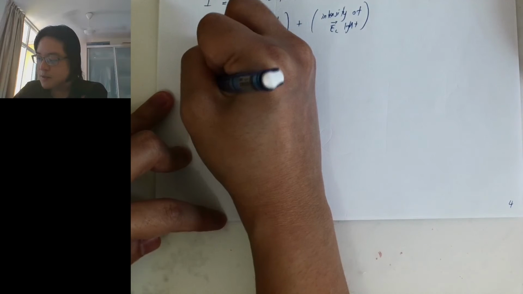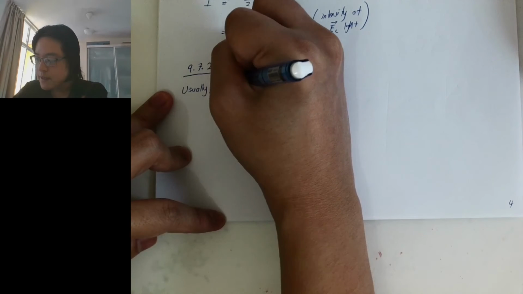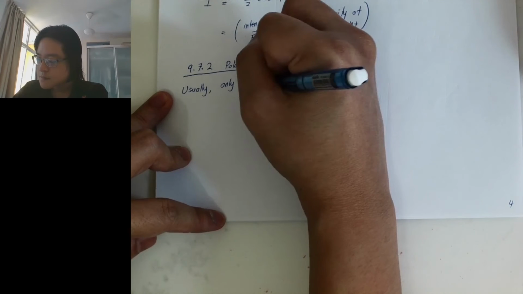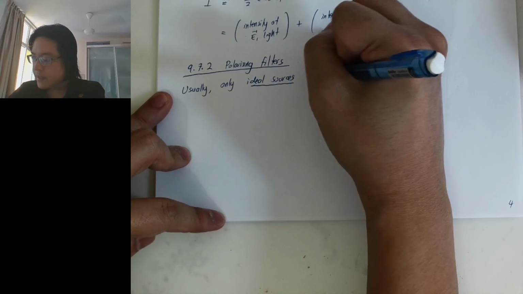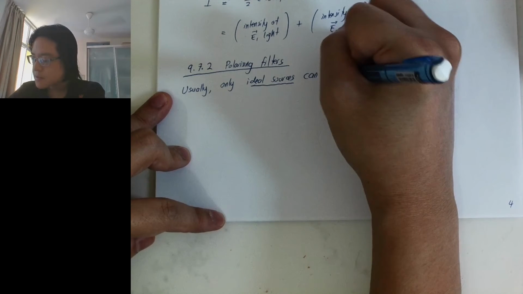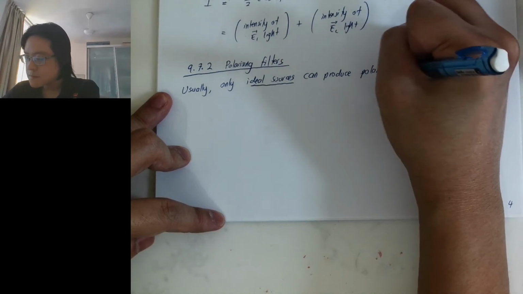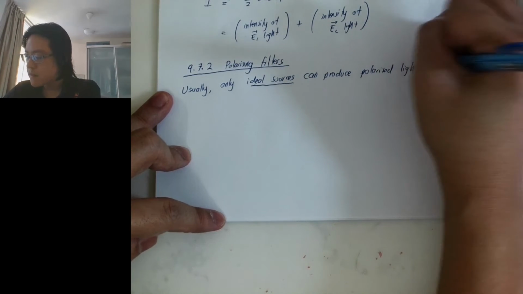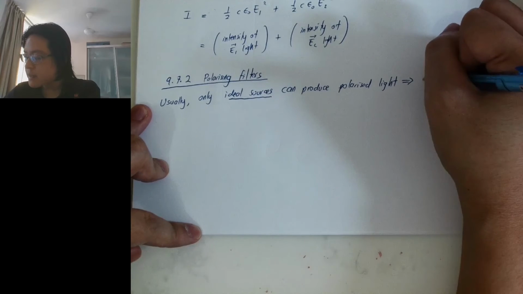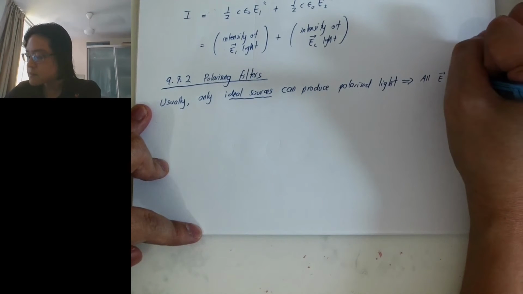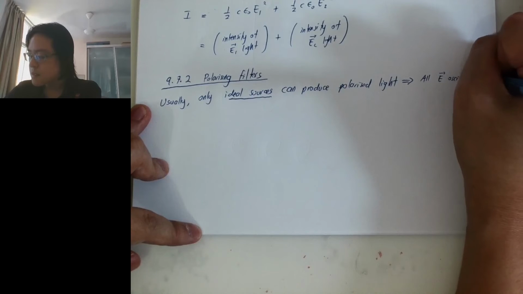So usually only ideal sources can produce polarized light. Okay, and reminding you again, polarized light means all the electric fields are oscillating along the same direction.